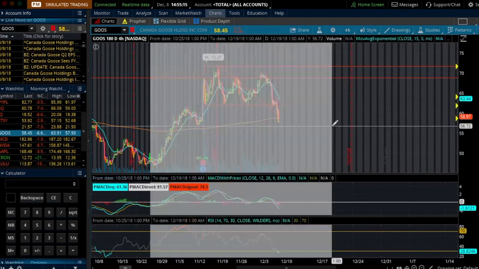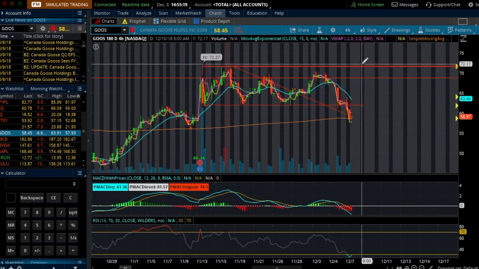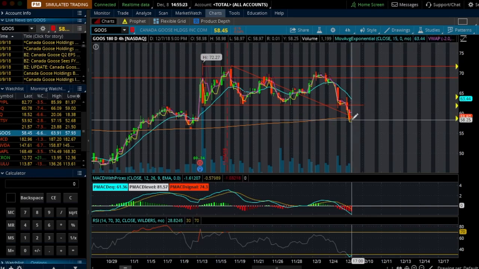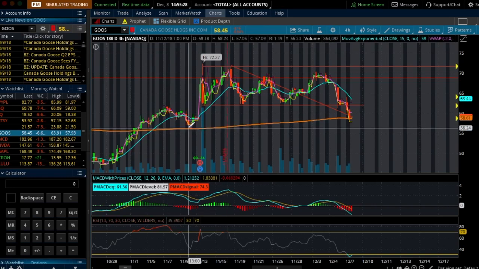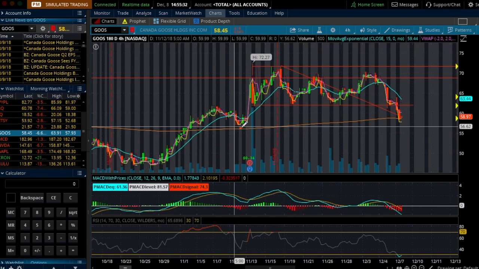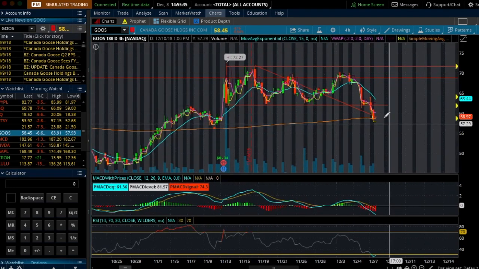I had bought it in this general area thinking that it would bounce off the 61.90 area and ramp back up. Unfortunately, it did not do that. So I'm waiting to see if it will bounce off of this SMA. As you can tell from previous patterns, it did bounce off of this SMA here, and then ramped up to $72. So we'll see how it plays out.